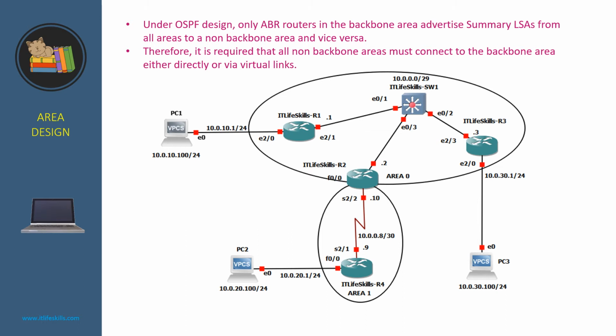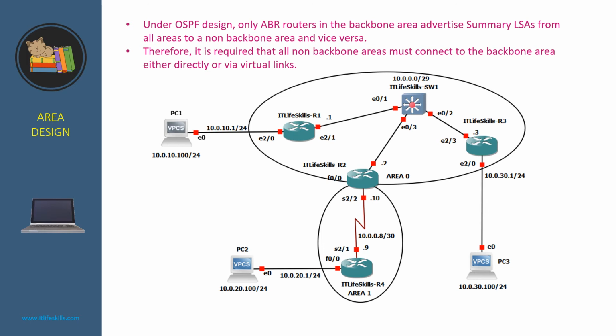In our network diagram, area 1 is connected to area 0 directly via router 2. Therefore, router 2 can advertise the summary LSA from all other areas to the routers in area 1. It can also advertise the summary LSA in area 1 to all the routers in other areas.